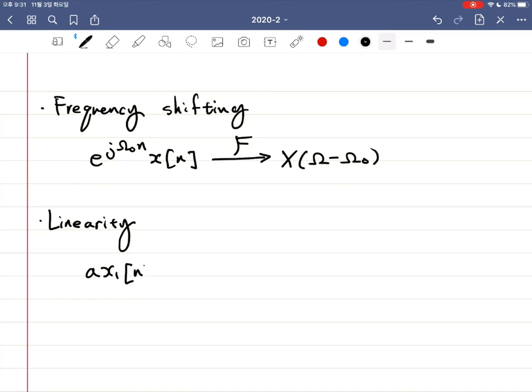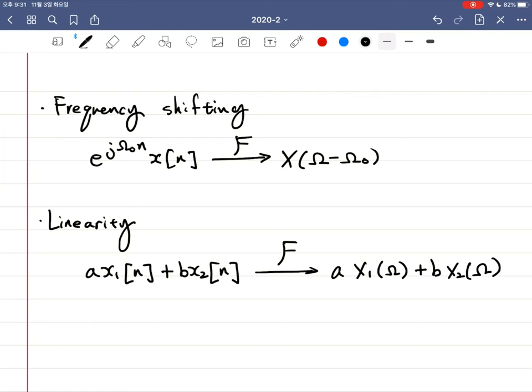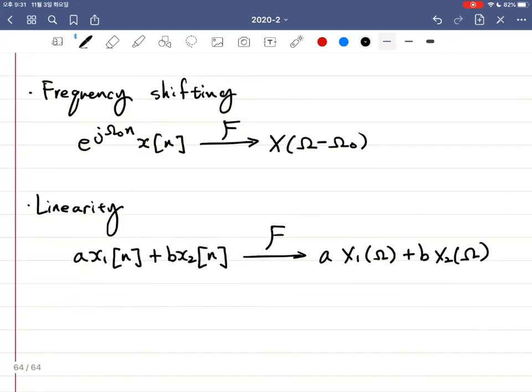If you do the Fourier transform of the linear combination of two discrete signals, you get the same linear combination of the Fourier transform of each signal respectively, like this. And this was about the linearity, and it has the exact same property in continuous time.